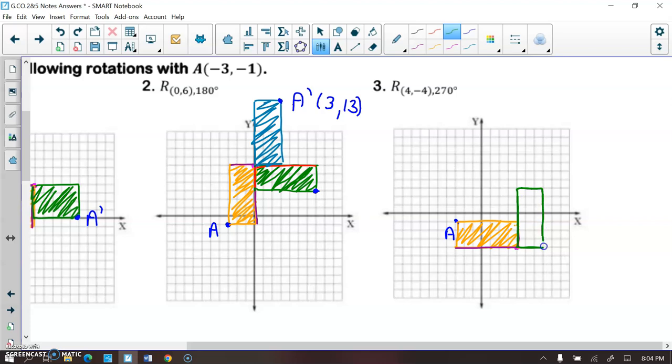So closing off my box, point A is now going to lie right here on my graph after that rotation.